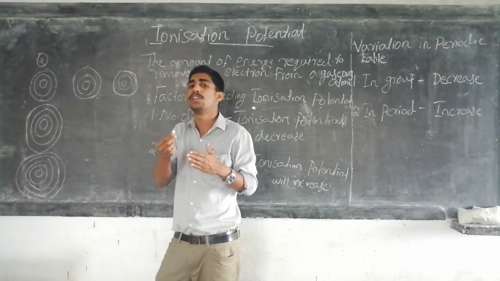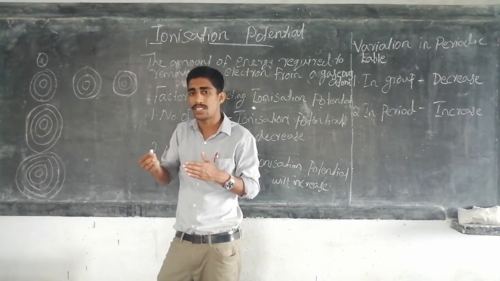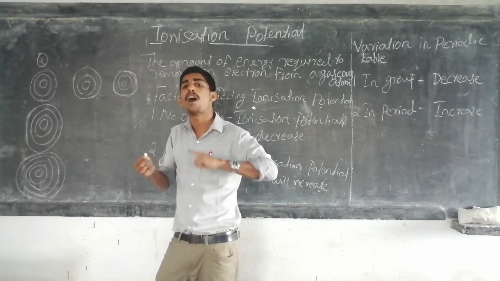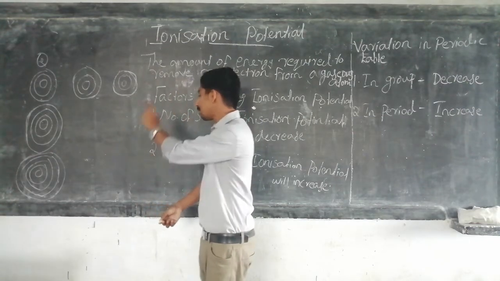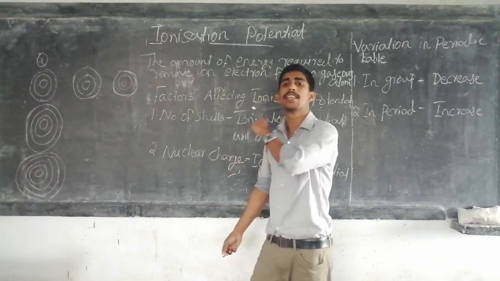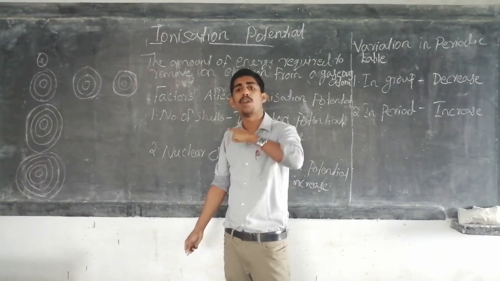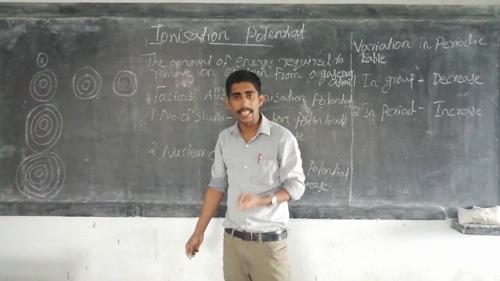Then it's impossible to take out the electrons easily. Then we have to supply a large amount of energy. It means if the nuclear charge increases, ionization potential also will increase.